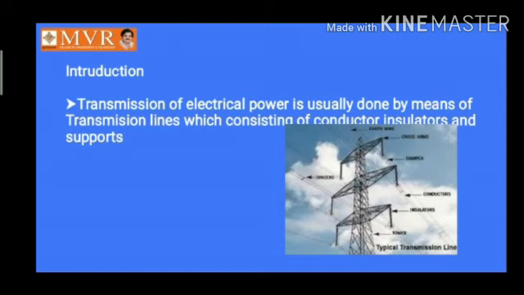So we need to supply the output of generating station to the load center with these transmission lines. Basically, the transmission line consists of conductors, insulators, and supporters. The typical transmission line looks like this.